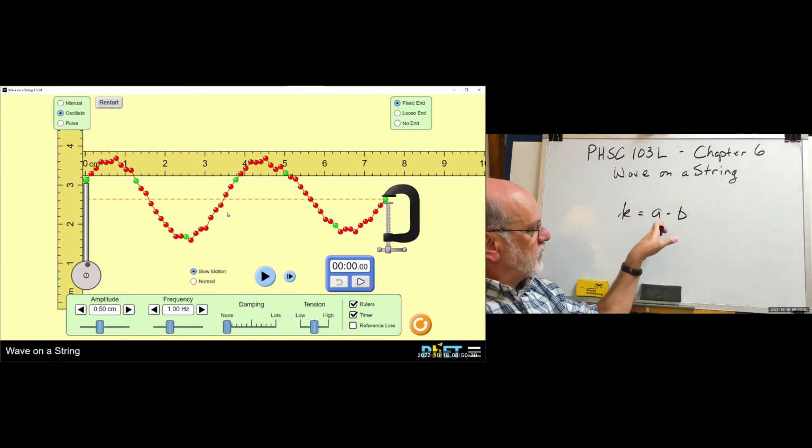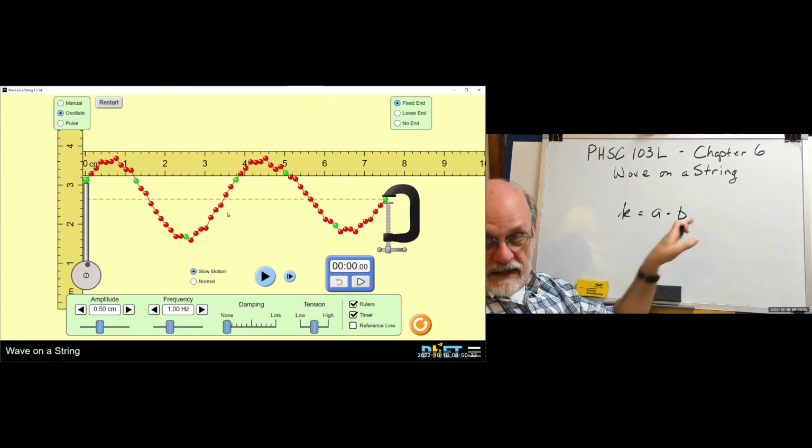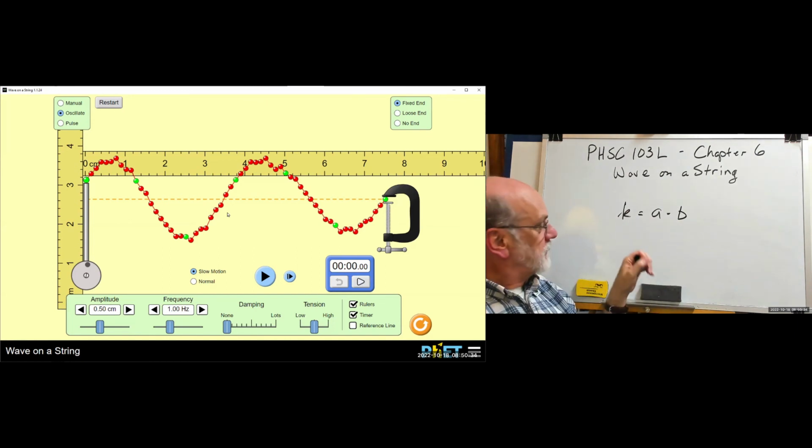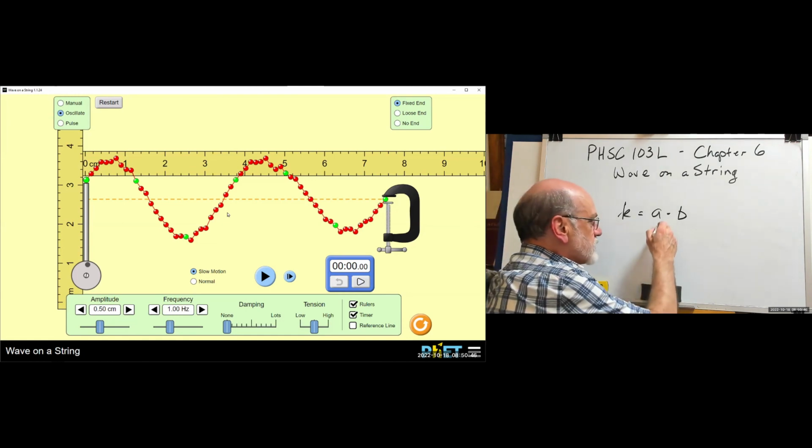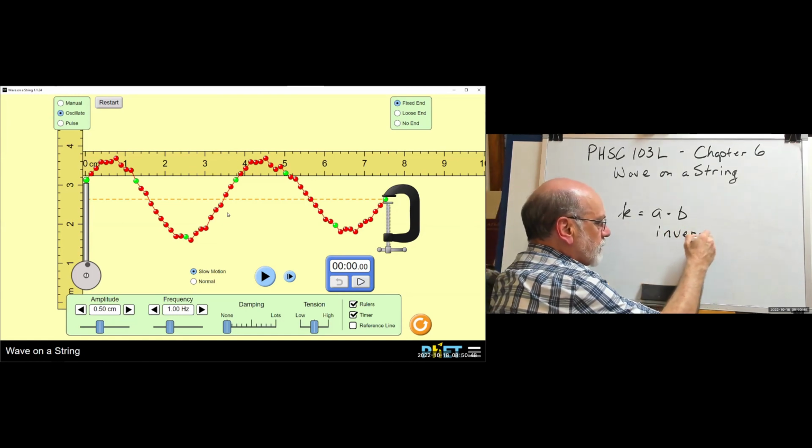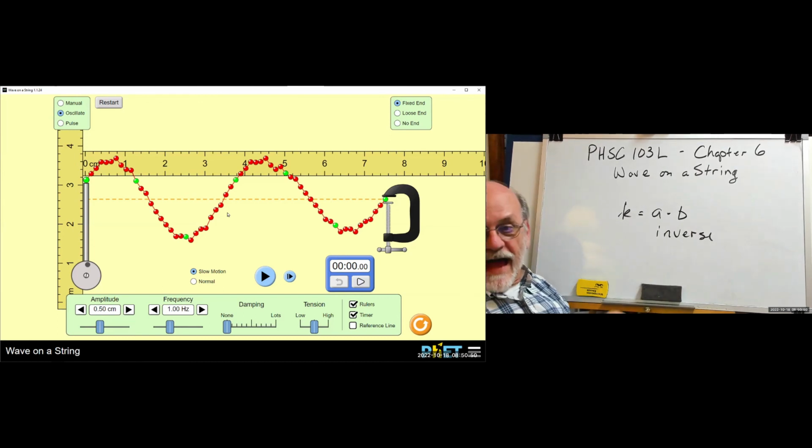If you have a variable A and a variable B, that means they can change. But this is constant. Once this constant is set, if A goes up, B has to go down. That's the only way that you can manage a constant. This is called an inverse relationship. Okay? As opposed to a direct relationship.